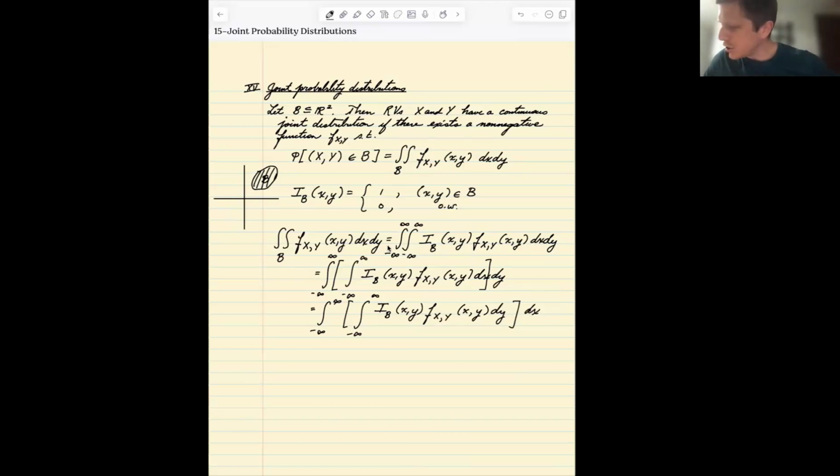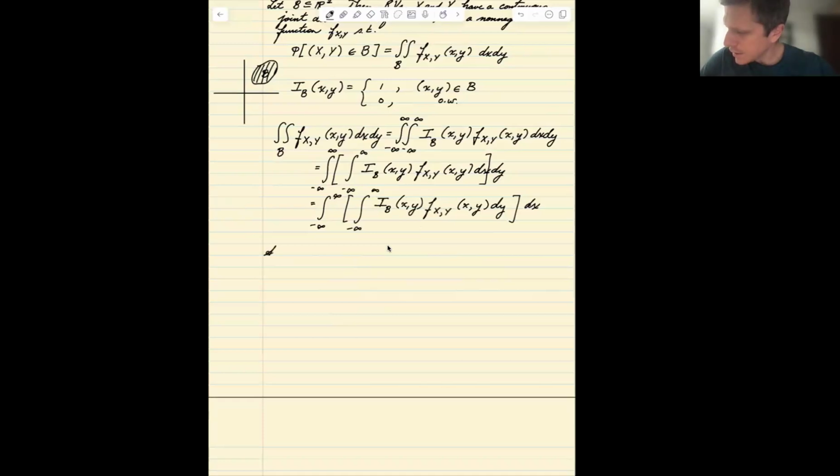The interpretation of this is that we suppose the density is continuous at (x, y).